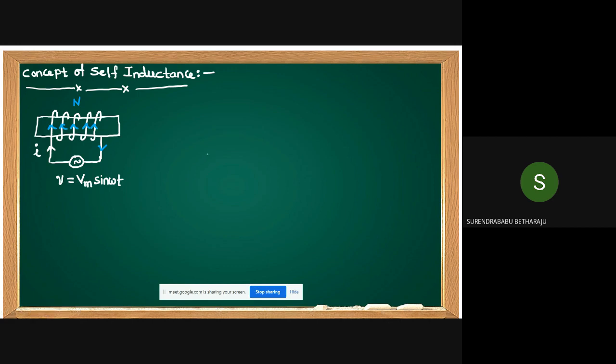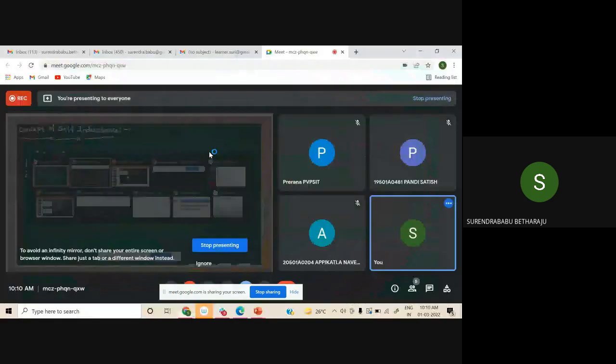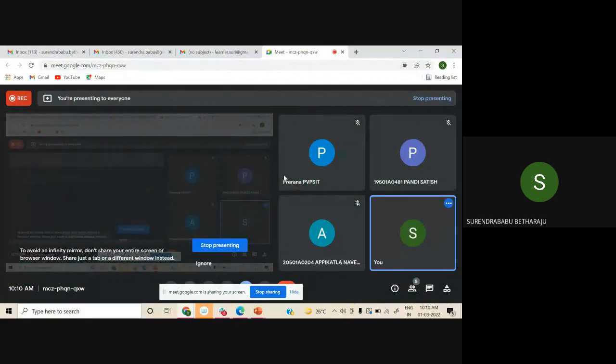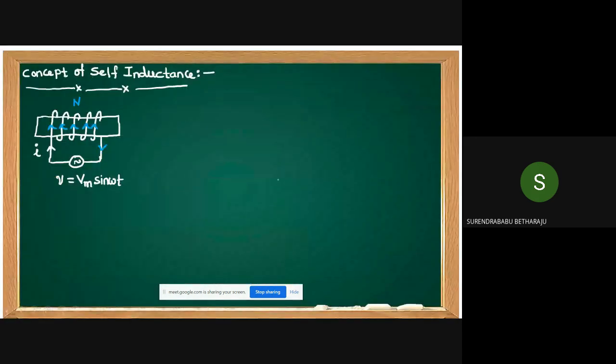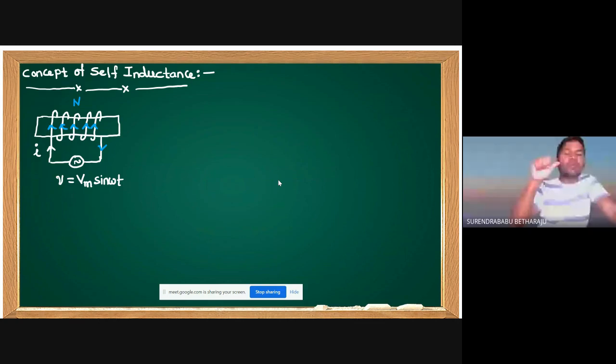If you apply the right hand thumb rule, I told this concept already. This right hand thumb rule you can apply in two ways. If it is a straight conductor, the thumb indicates the current direction and the curled fingers indicate the flux direction.